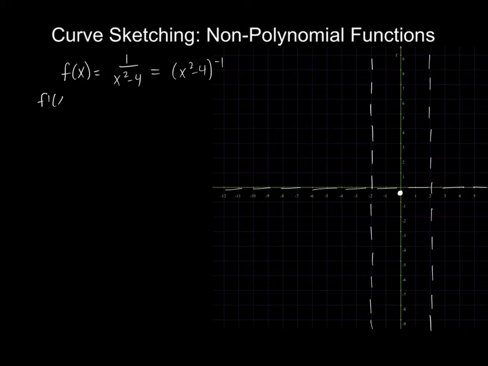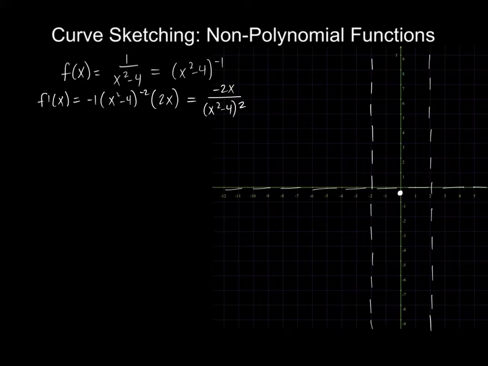So let's start with the derivative. F prime is negative 1 times x squared minus 4 to the negative 2, don't forget your chain rule, times 2x. And I can rewrite this as negative 2x over x squared minus 4 quantity squared. Now, changes can happen where this thing is 0 or undefined. Technically, plus and minus 2 are not going to be critical points because the function is not defined there, and it has to be defined in order to be a critical point.